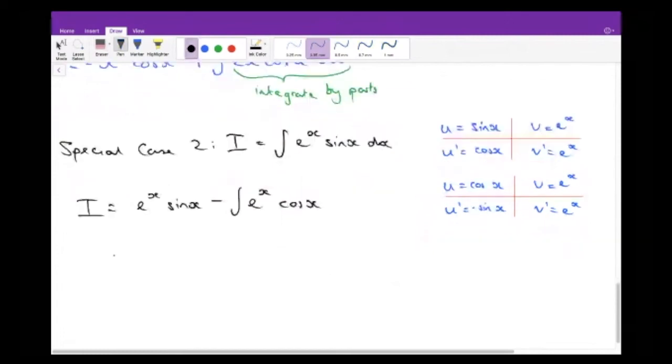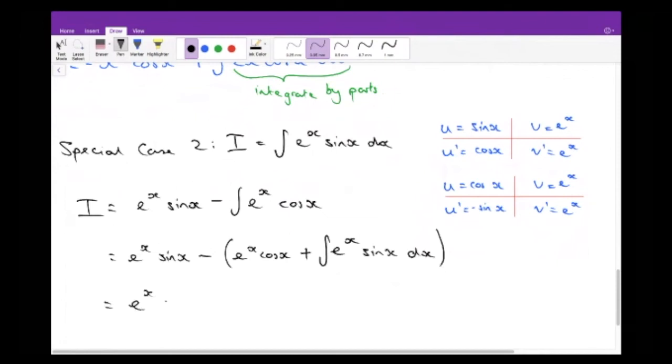So plugging it all in, be careful with your signs here. We get e to the x sine x, subtract, now uv here is e to the x cos x, minus the integral of v u dash, e to the x times minus sine x dx.